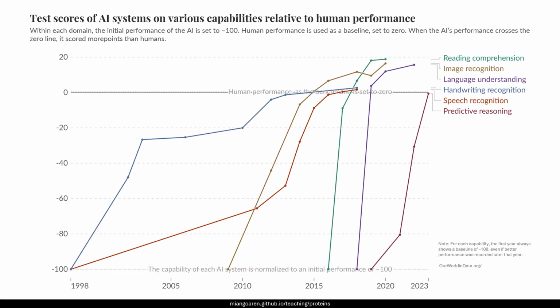And in general, what we can observe in this new image is the capabilities that the algorithms have had in multiple tasks that we associate with human abilities, such as reading comprehension, image recognition, language comprehension, digit recognition, being able to speak or perform predictive reasoning.